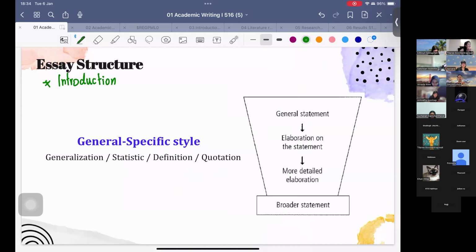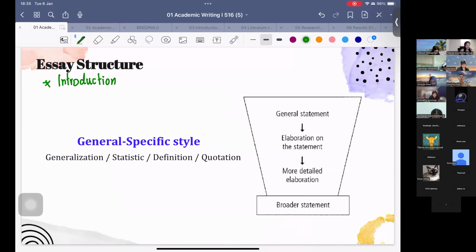Okay, moving on from that, now we're gonna move to the essay structure, and I'm gonna start with the introductions, the different types of ways that you can include in your introductions. Definitely the idea of writing your introduction would be the idea of a general to specific style, the upside down funnel.